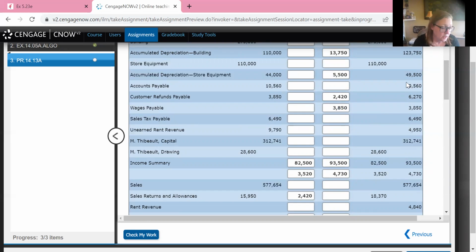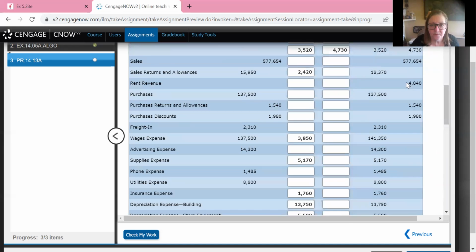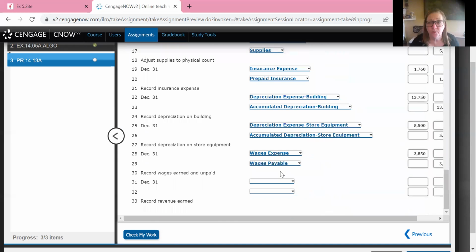This is good. The next entry is the rent. This was our unearned rent. And so we had an amount in unearned rent. Let's look at it. We had $9,790 in unearned rent. So at the end of the period, we would evaluate and see how much is still not earned.